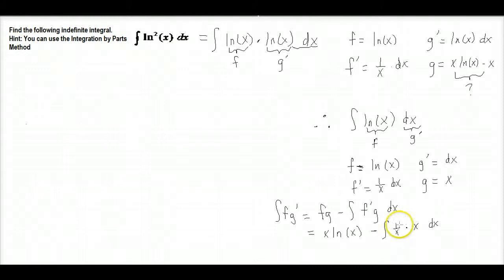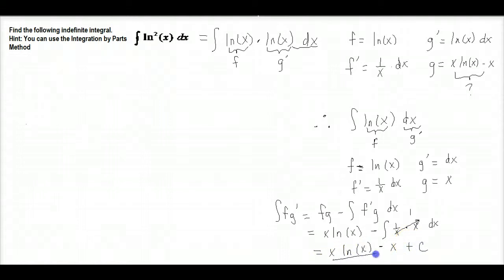All of this is just 1. So if we do the integral of 1 times dx, we know that that just ends up giving us x. And of course, since we're doing an indefinite integral, it'll be the plus c at the end.